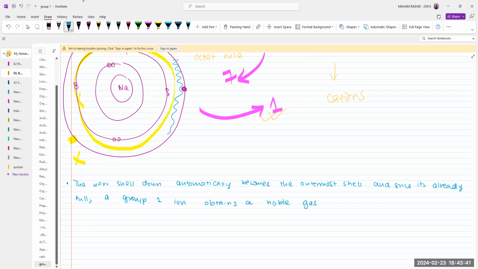Noble gases always have 8 electrons in their outermost shell, right? So all the elements are basically striving to get a noble gas configuration. Elements turn to ions to get a noble gas configuration. Na goes to Na plus, loses 1 electron, so it has 8 electrons in its outermost shell to get a noble gas configuration.